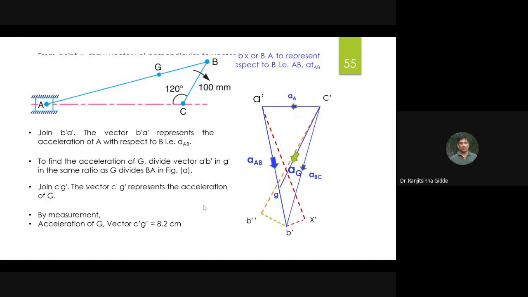Correct, 8.4 centimeter, that is correct.